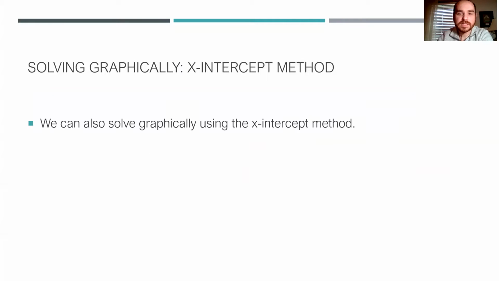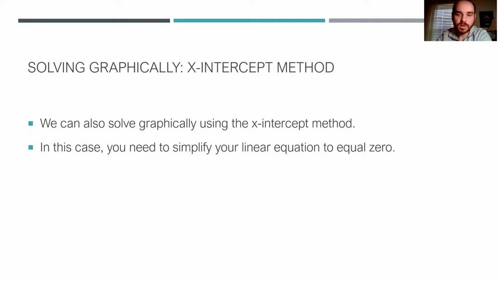Another way to do it is the x-intercept method. So in order to do the x-intercept method, you first need to simplify your linear equation to equal 0. So for instance, you could simplify to get this, 3x plus 22 equals 0. Then you graph this, y equals 3x plus 22.